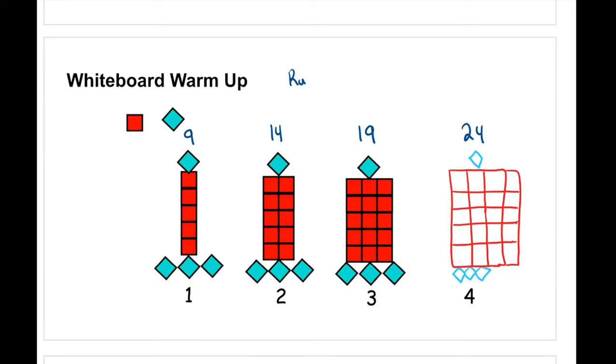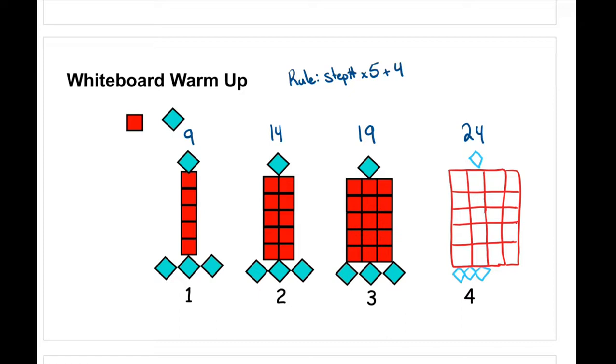Again, if we wanted the rule, we know position 4, what it looks like. Hopefully now that it's visual, it's a little bit easier to see the rule. You'd say step number multiplied by 5 plus 4.